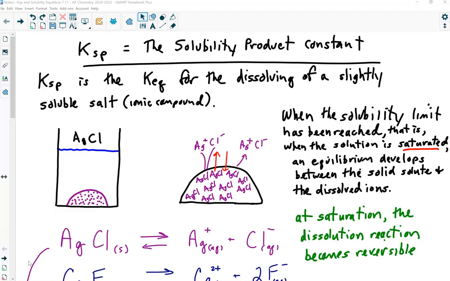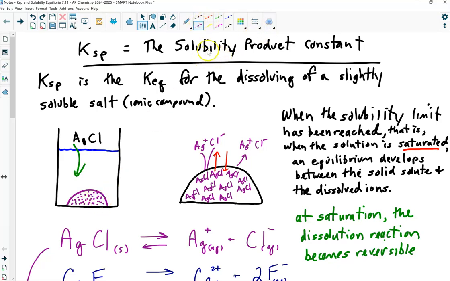Well, let's say you have a salt like silver chloride. It's not very soluble because, right, chlorides are soluble unless they're bonded to silver ion or lead ion, that kind of thing. So this isn't a very soluble salt. As soon as you dump the silver chloride into your container here, some of the silver ions are going to dissolve.